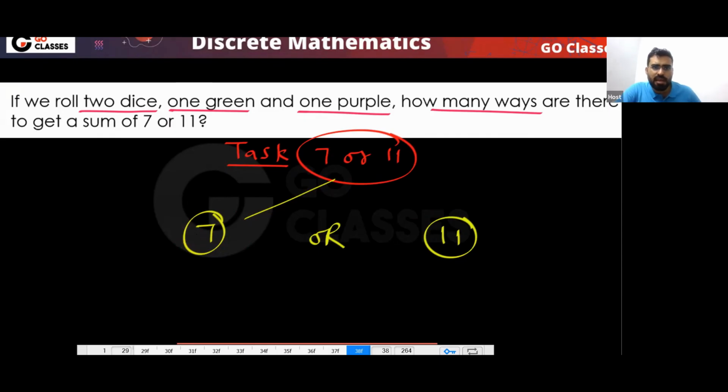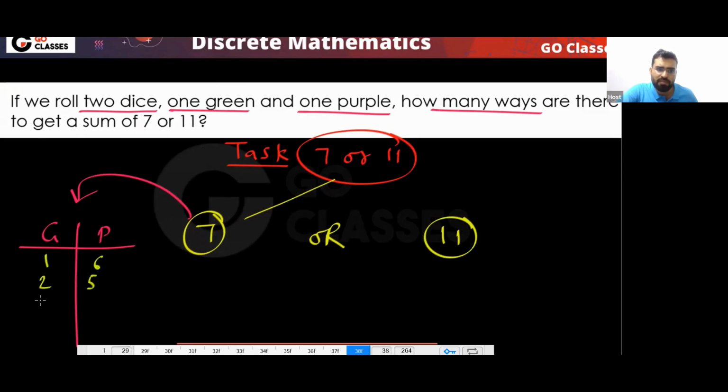How many ways to get a summation of 7? Remember, you have two dice. One is green dice, one is purple dice. If you want to get a summation of 7, then you can get 1,6 or 2,5 or 3,4 or 4,3 or 5,2 or 6,1.